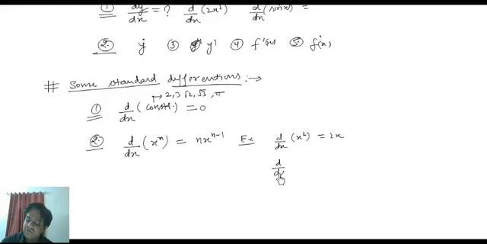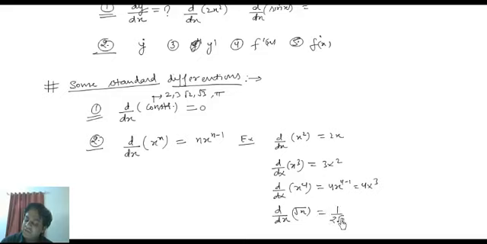If I differentiate x cube, I'll get 3x square. If I differentiate x to the power 4, then I'll get 4x to the power 4 minus 1, that is 4x cube. If I differentiate root x, then I'll get 1 by 2 root x.